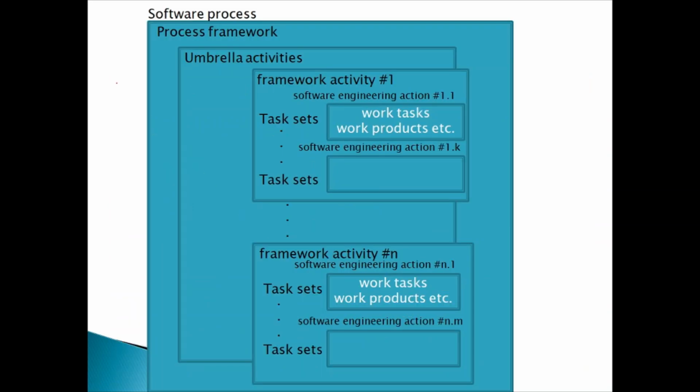So again, as we have seen earlier, a software process framework has been created. Umbrella activities run throughout the project, we are seeing framework activity consisting of actions, actions consisting of task sets, and the entire thing corresponds to a software process.